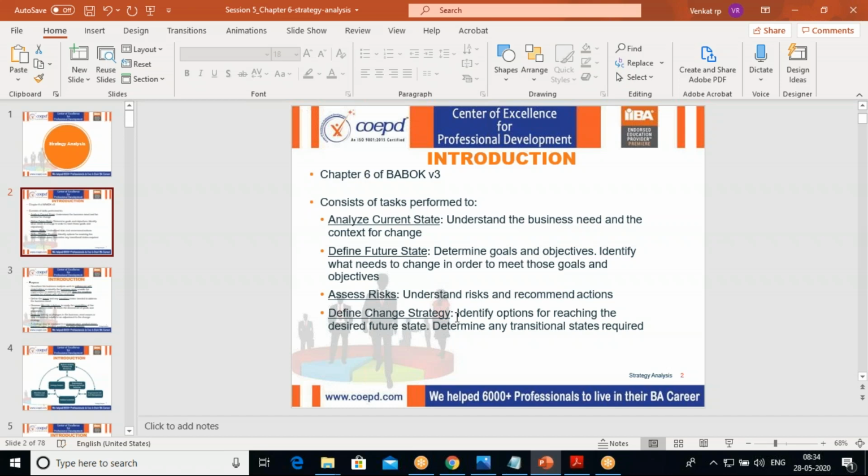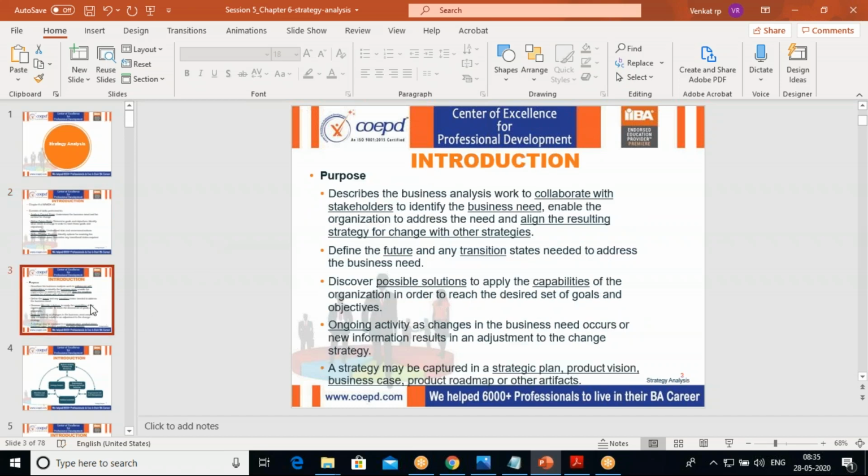If you are going for this particular change, what risks are involved here? You have to identify those risks, and then you have to define the change strategy. That means how you can move from the current state to the future state. You have to understand the strategy of moving it. So these are the 4 tasks which we are going to discuss now, okay?